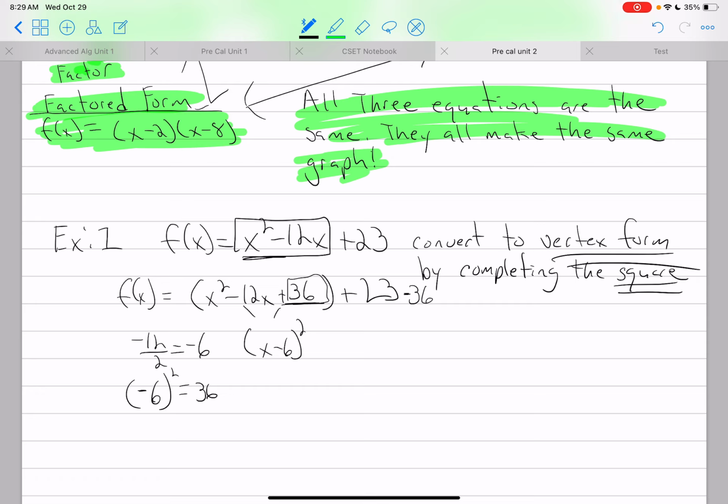So I get x minus 6 squared, right, plus whatever 23 minus 36 is. 36 minus 23, 13. That is minus 13. So what do I have? I have f of x equals x minus 6 squared minus 13.